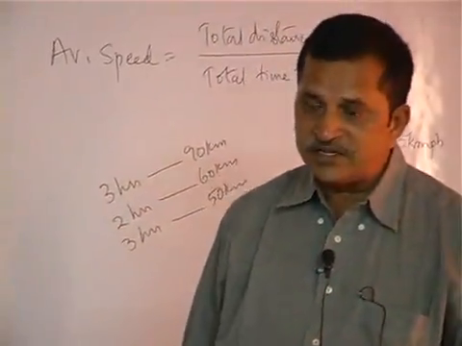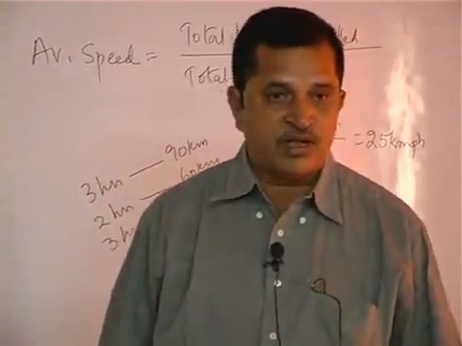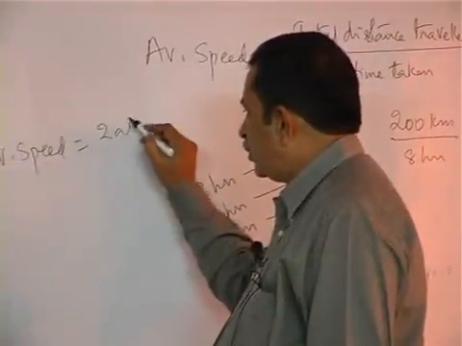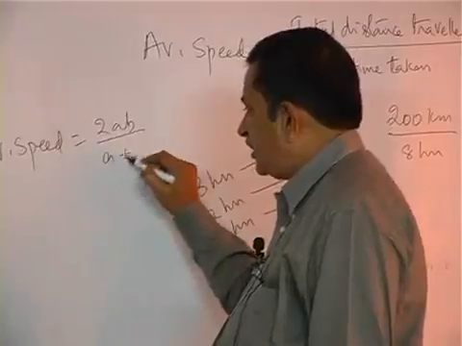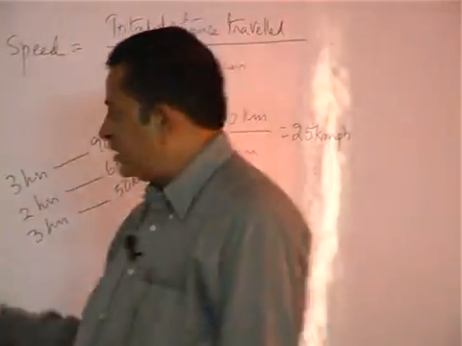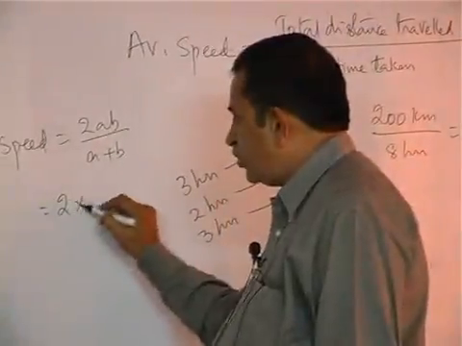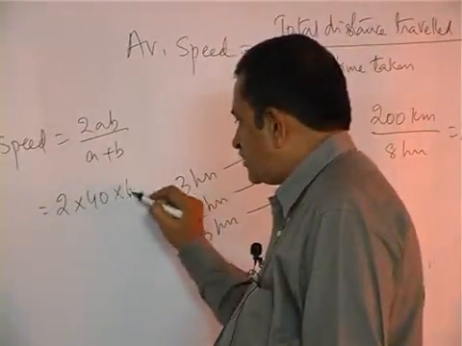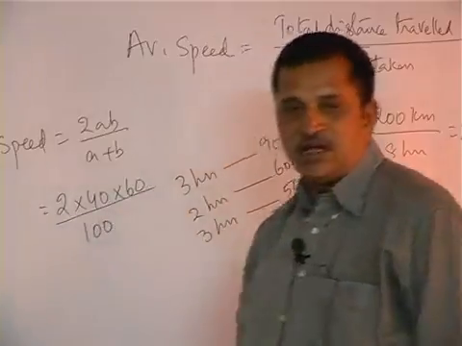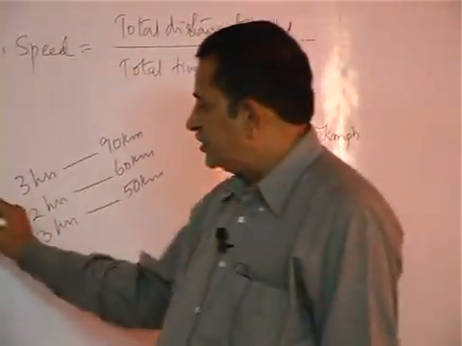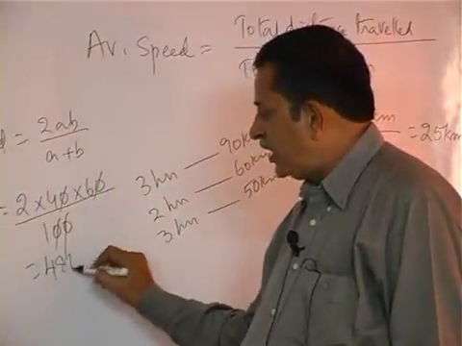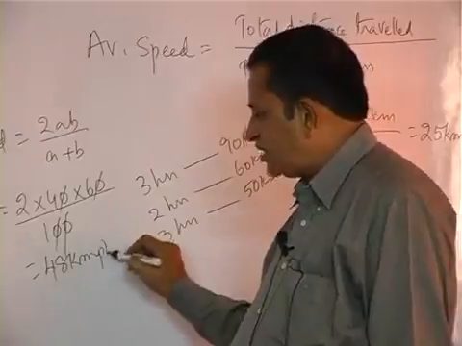So when the distance is constant, speeds alone are given, average speed is equal to 2ab by a plus b. 2ab by a plus b means 2 into 40 into 60 by 40 plus 60 is 100. 48 kilometers per hour is the average speed.